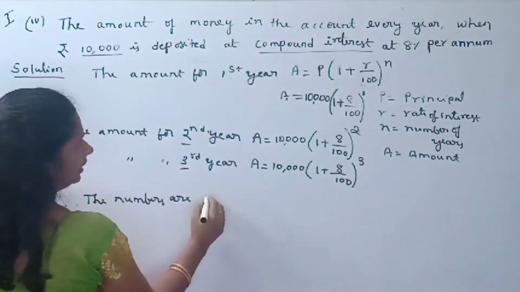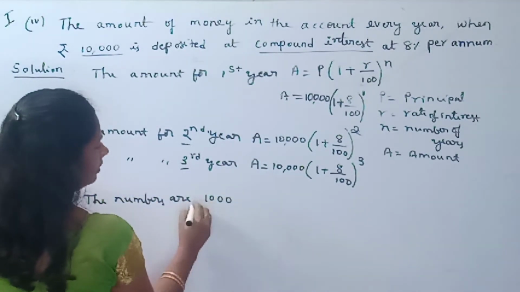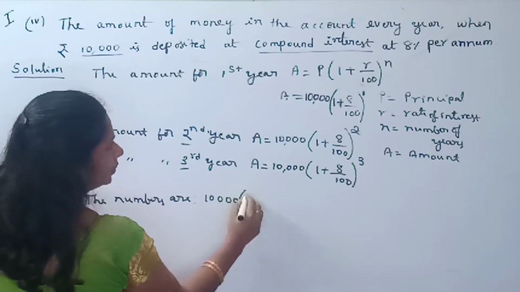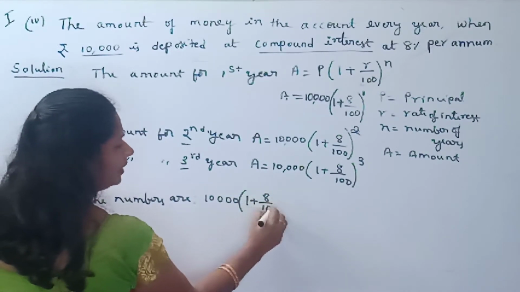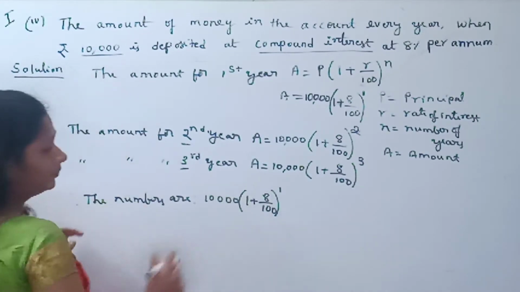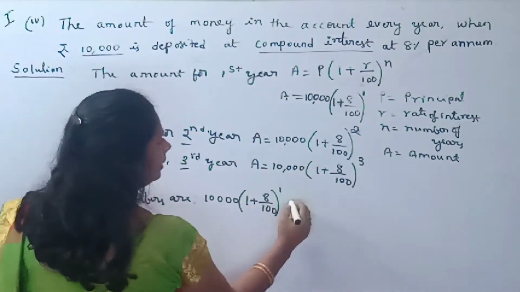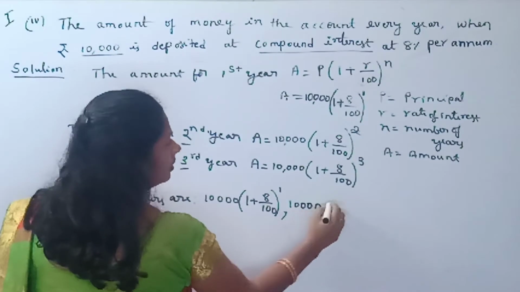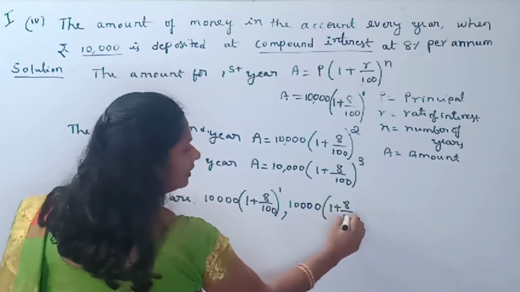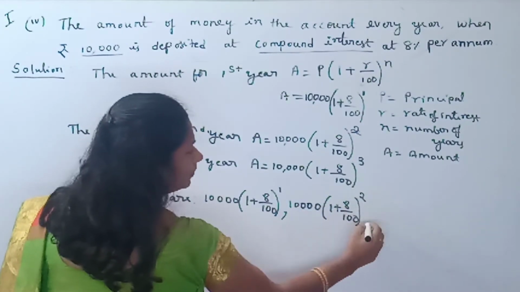Therefore, the numbers are: first number is 10,000 into 1 plus 8 by 100 whole to the power 1. Second number, put a comma and write, 10,000 into 1 plus 8 by 100 whole to the power 2.